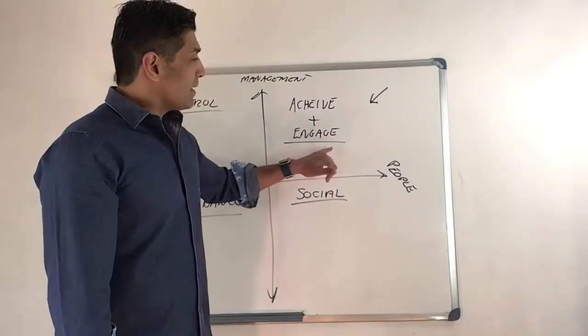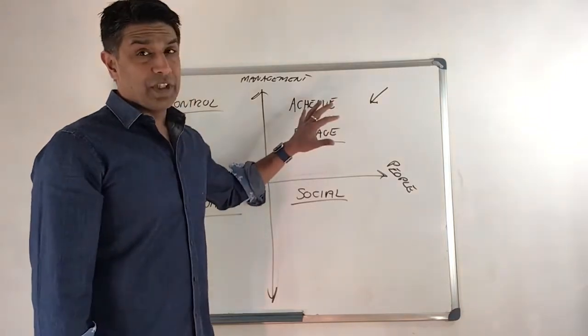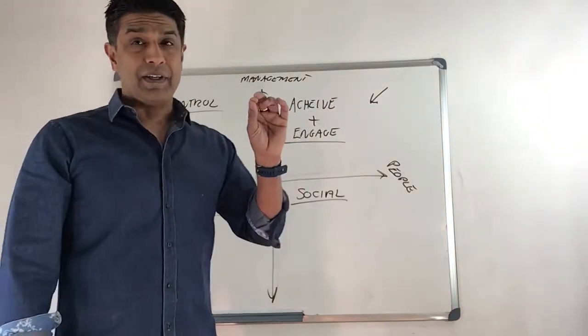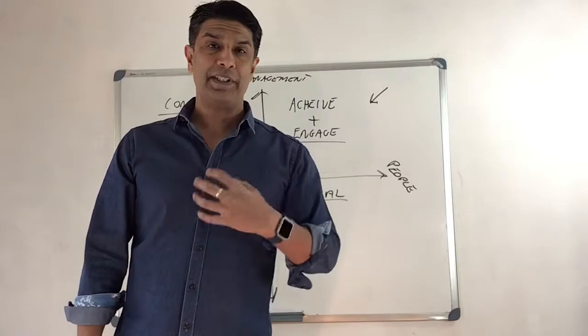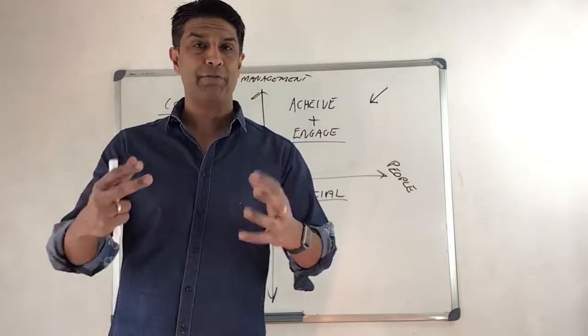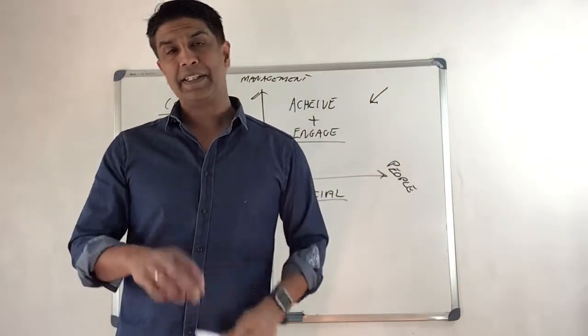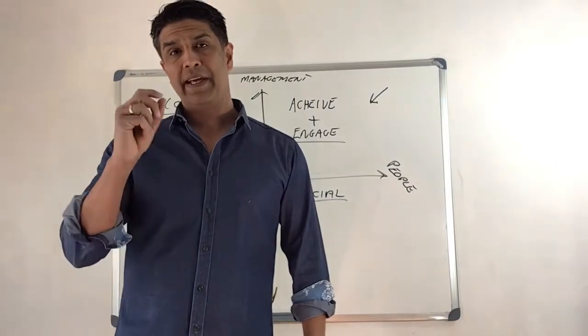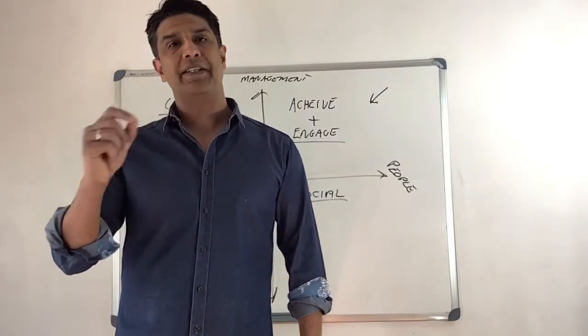But the key question here is, I always think it's easy to lead well when things are going well. Anyone can lead well, really, when things are going well. I think the key test of leadership, though, is how do we lead when things aren't going so well?